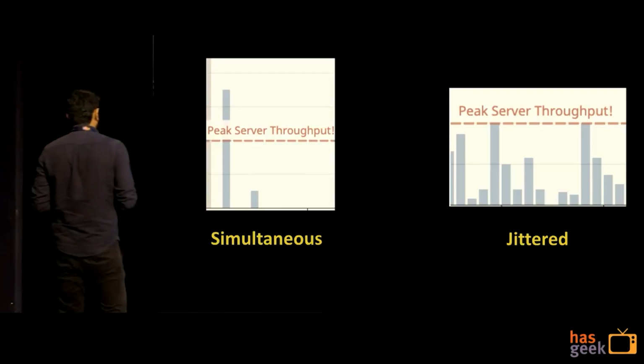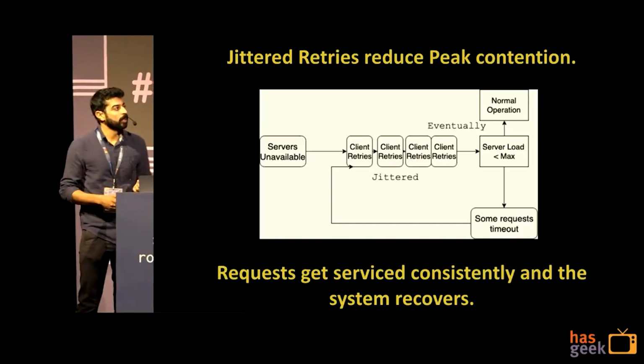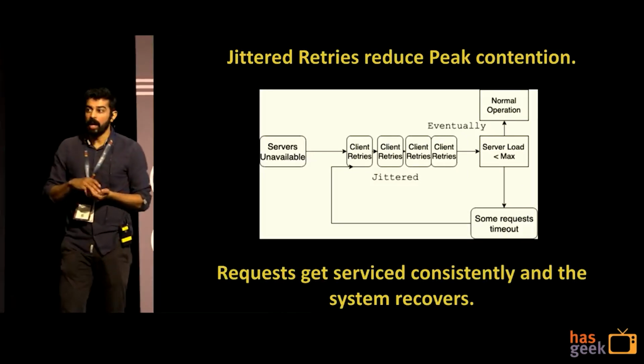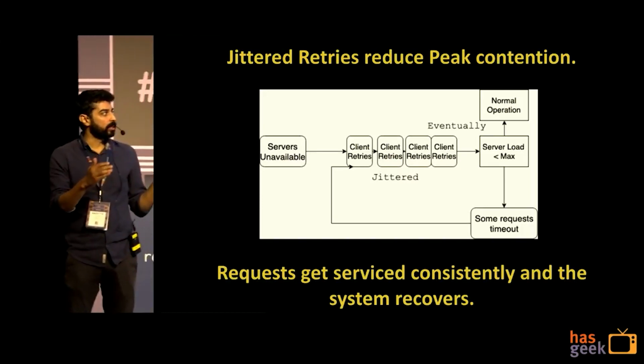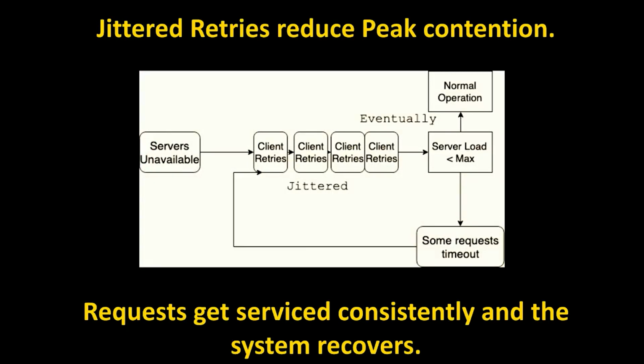And this ends up having a really positive impact on the feedback loop we saw earlier, because as opposed to retries stacking up and having to hit a saturated server pool, we see that client retries are efficiently spaced out. Our server load is sufficiently below the maximum. And even though some requests time out, we have this assurance that over time, enough requests will get serviced that we can recover back to normal operation. So requests get serviced consistently enough that we can guarantee system recovery.